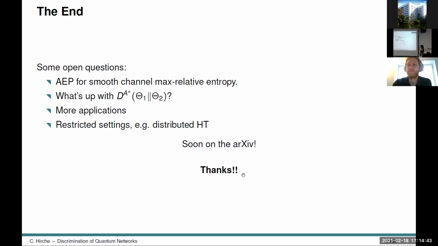Chris, I have one question. If I remember correctly, even for discrimination of classical quantum channels, there are still open problems. For example, do we know that the Chernoff bound we obtained so far is optimal or not? If I remember correctly, we still do not know that. The Chernoff bound is somewhat the quantity that has been most elusive from the ones I mentioned here.